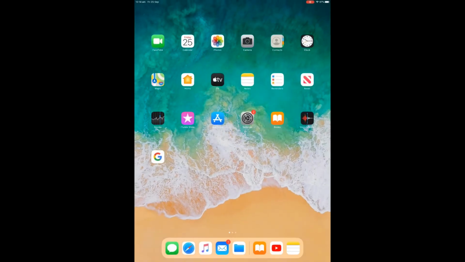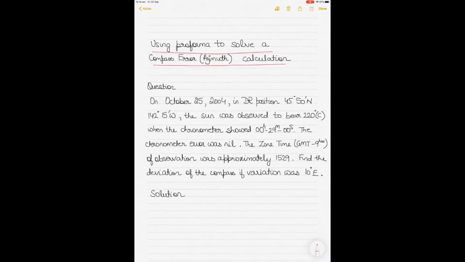So I'll go back to the question, I'll show you the question, and then I'll show you how to fill up the values in the proforma. The question is that it's October 25th 2004, so you'll need the 2004 almanac. Even if you don't have the almanac, you can just see the principles behind filling up a proforma.